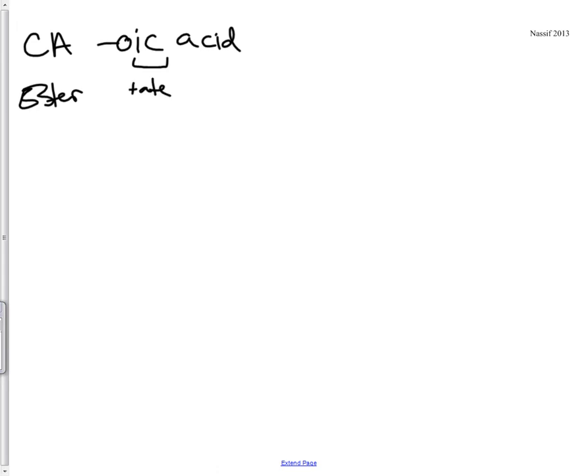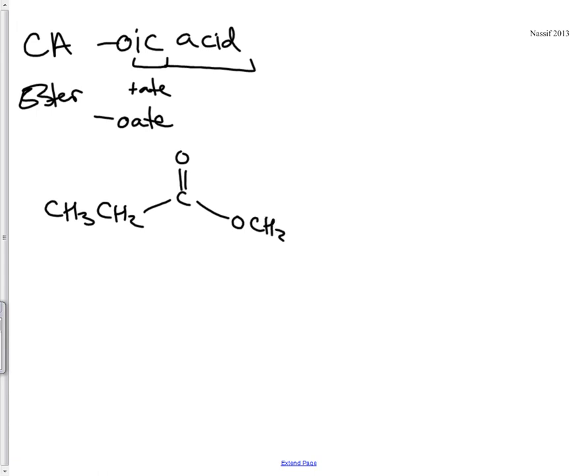So instead of oic, we have oate. So we subtract, in other words, the oic acid. So for example, if we were to name this structure CH3, CH2, COOCH3, how would we go about naming this?